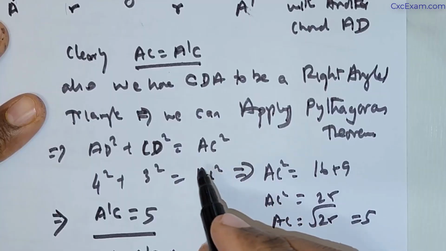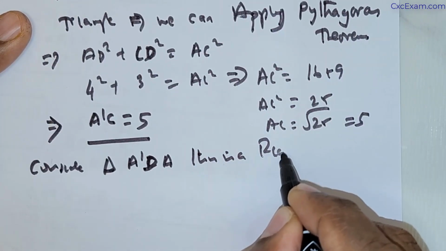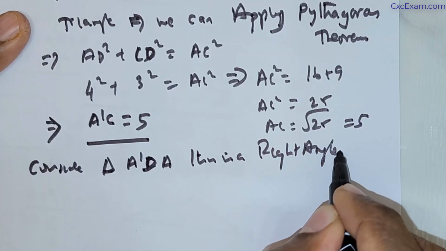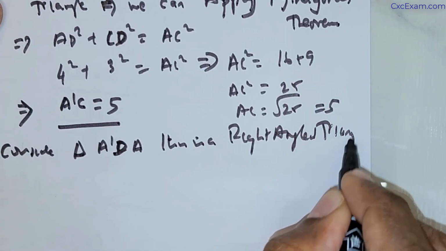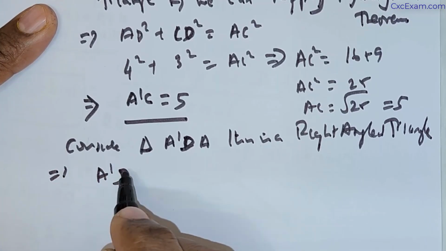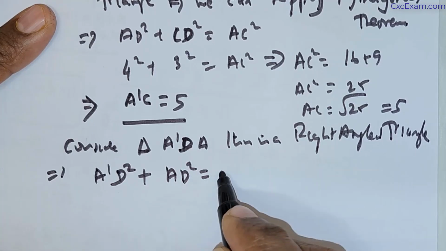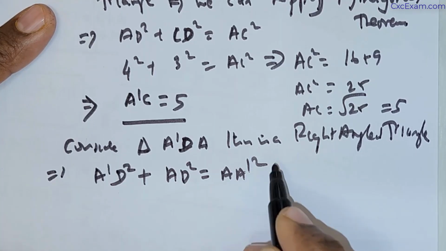Now this is a right triangle, right? You see that? This is a right angled triangle. So this means A dash D squared plus AD squared is equal to AA dash squared.